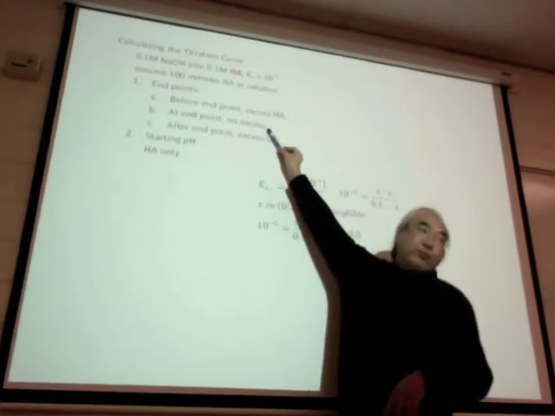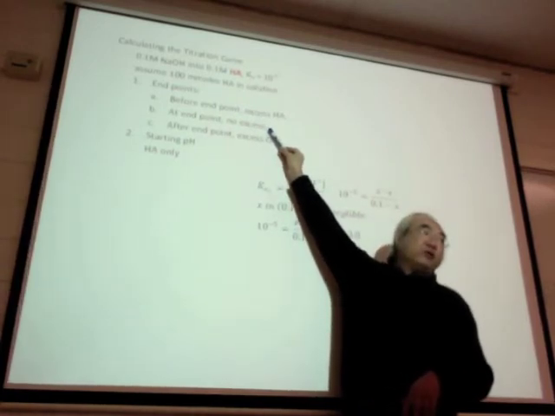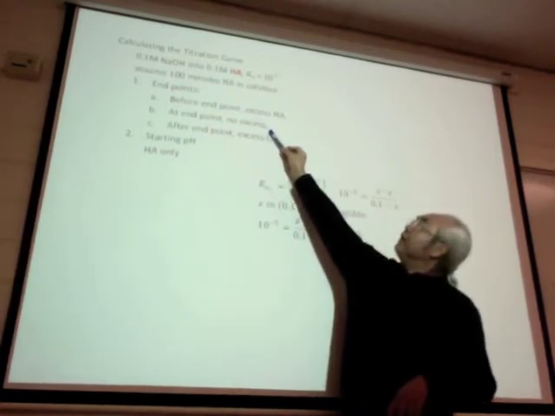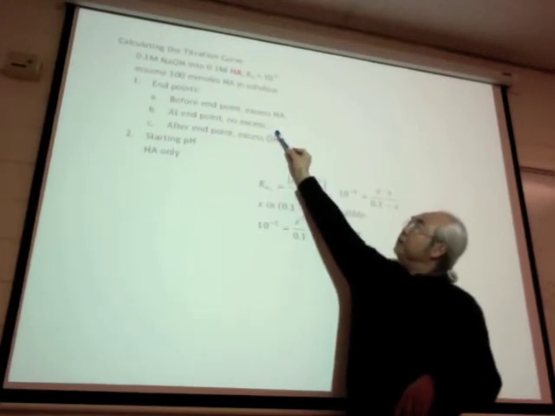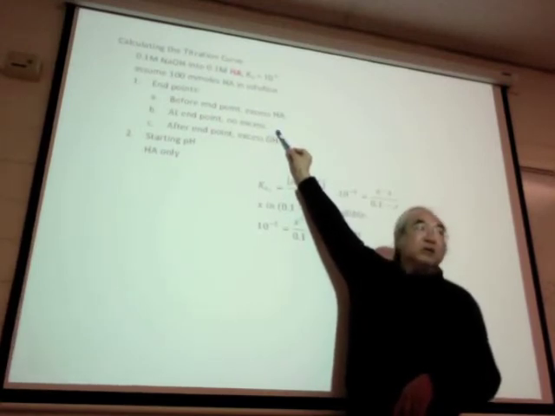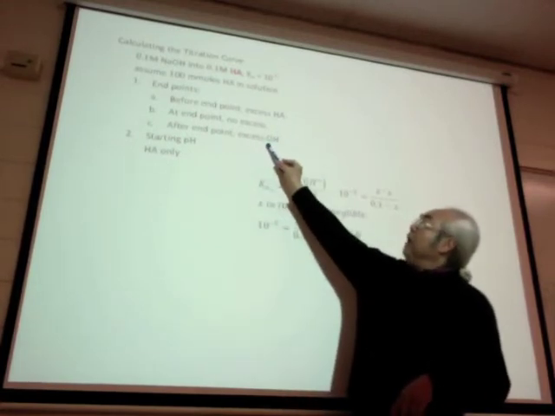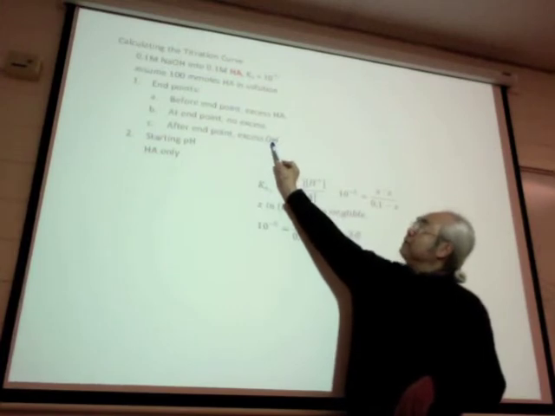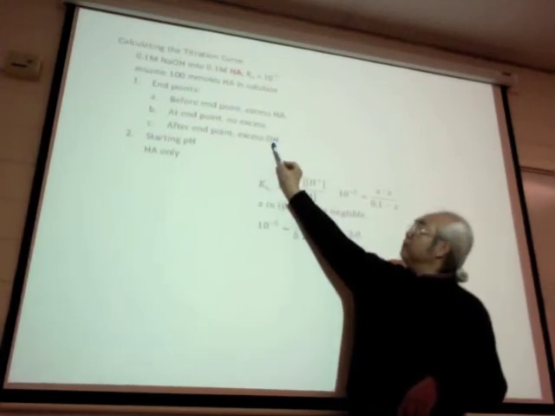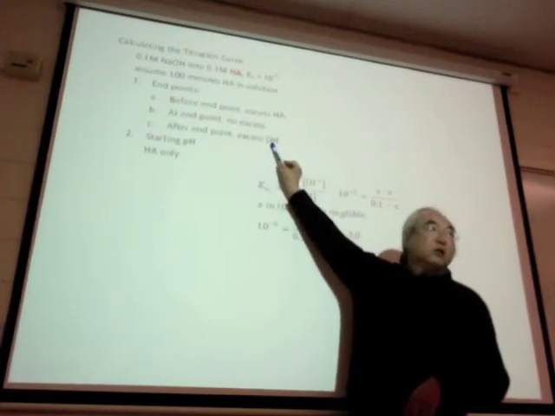Now at the end point, there's no excess, so that means you have just one chemical only. We will deal with that chemical carefully later. After the endpoint, you're going to add excess hydroxide, so whatever the quantity of this excess will dictate the pH or the pOH. Okay?